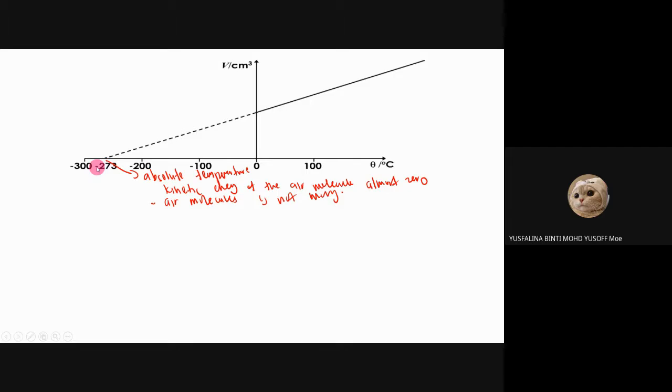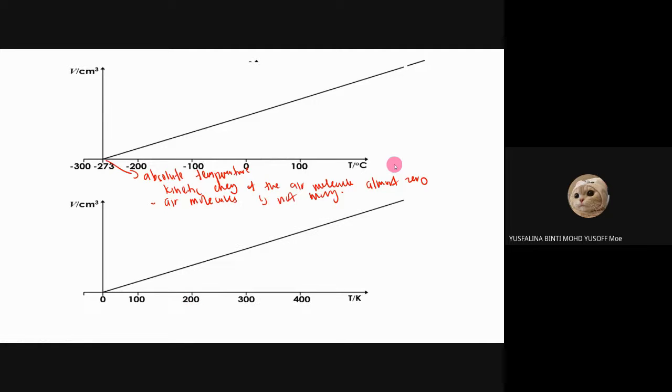So negative 273. But how about if we change the x-axis to Kelvin? This is the graph for Kelvin. You can see it's actually directly proportional. So there's a difference between the graph if the x-axis is degrees Celsius or Kelvin, so you have to make sure what the x-axis is.